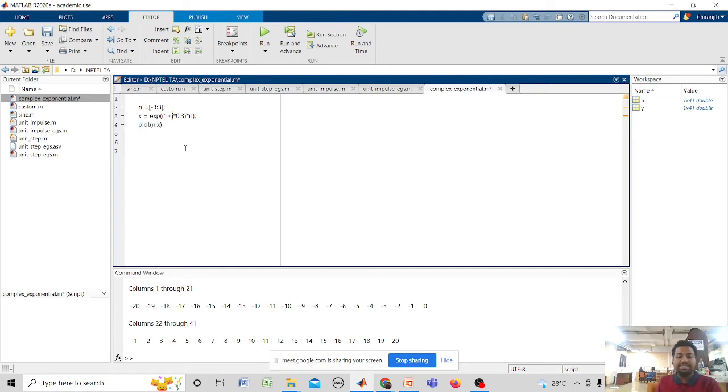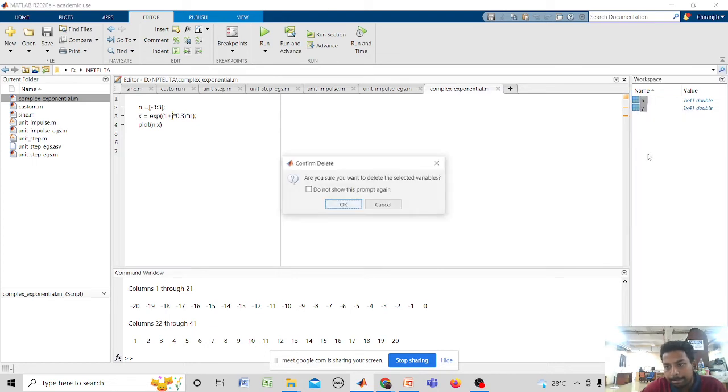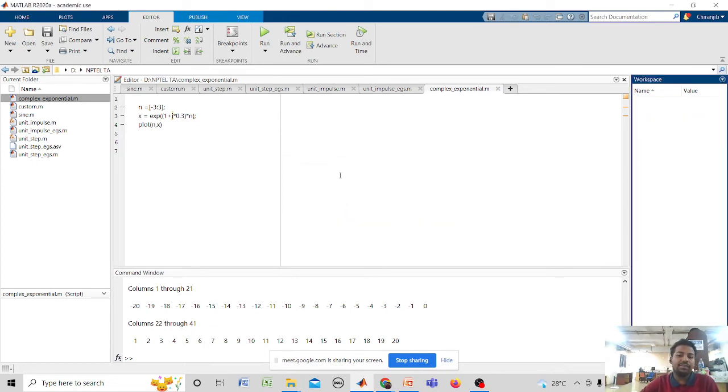Okay, so x of n is equal to exponent of 1 plus 0.3 of i, where i means the imaginary iota, into n. And the range of n, that is the range of this function, will lie from minus 3 to plus 3. So this is the range of the function we want.